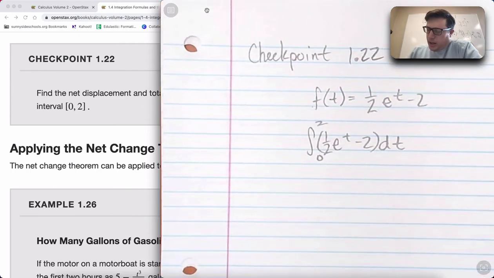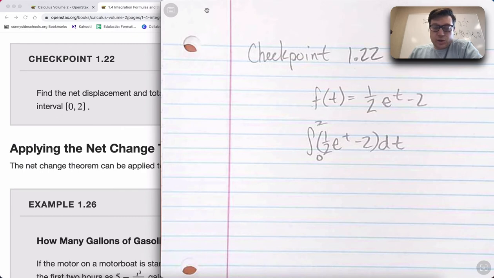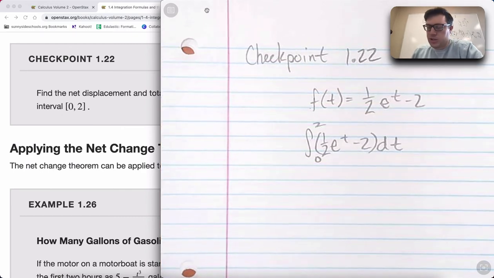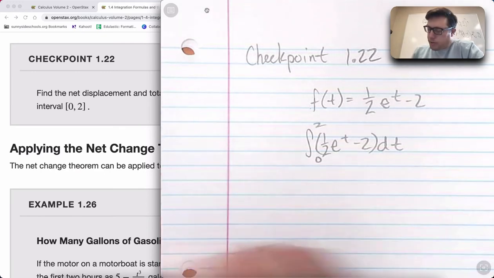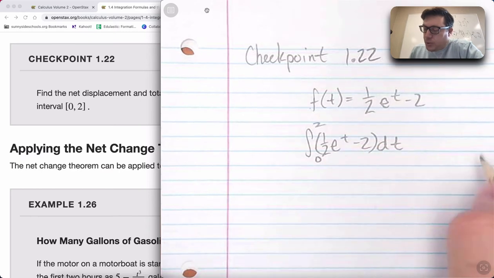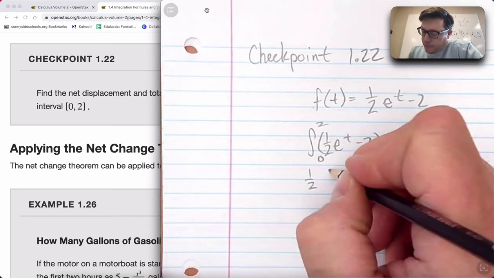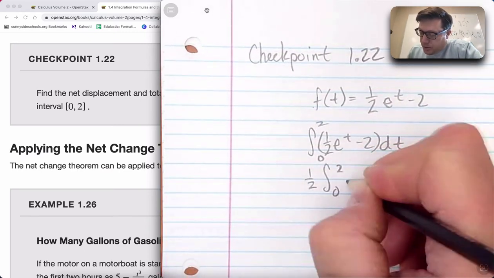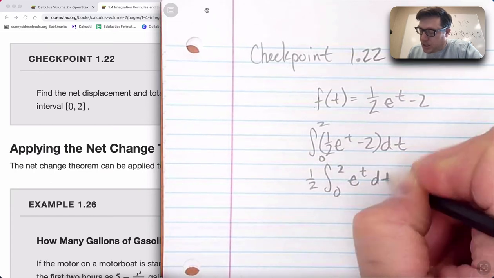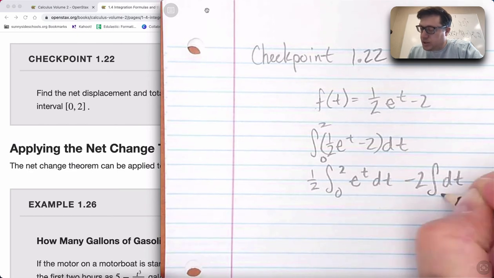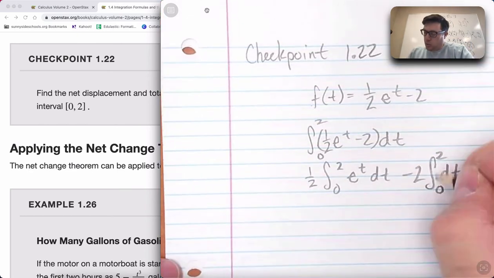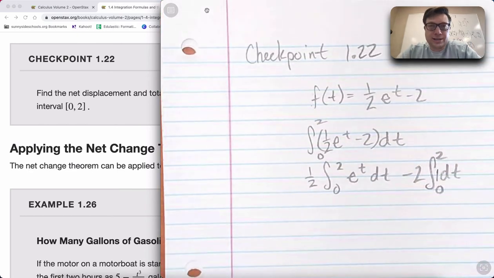All right, if I go to Desmos and evaluate it directly, that's fine, but I want to continue trying to use the fundamental theorem of calculus just to make sure that FTC part 2 is getting lodged in your brain. 1 half e to the t, well, the 1 half can pop out, from 0 to 2 of e to the t dt, and then minus 2 integral of nothing dt, but it's technically of a 1, so that's our integrand.